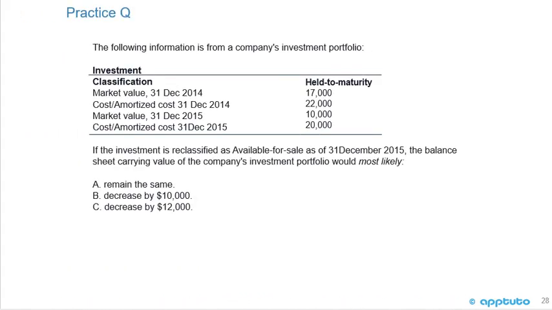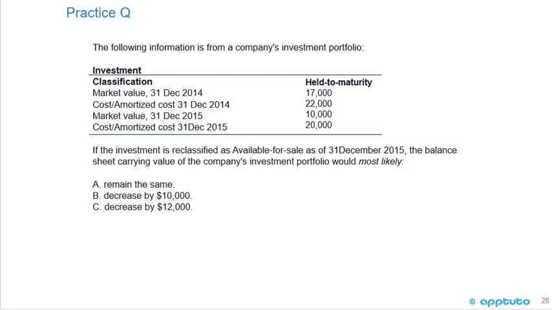The following information is from a company's investment portfolio. The investment classification is held to maturity. The market value on 31st December 2014 is $17,000. The amortized cost on 31st December 2014 is $22,000. The market value on 31st December 2015 is $10,000, and the amortized cost on 31st December 2015 is $20,000.